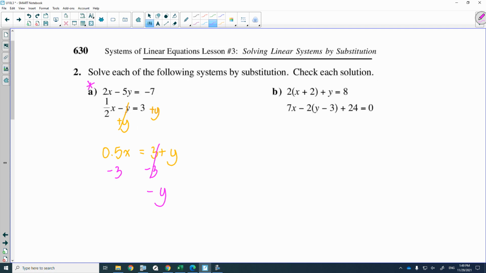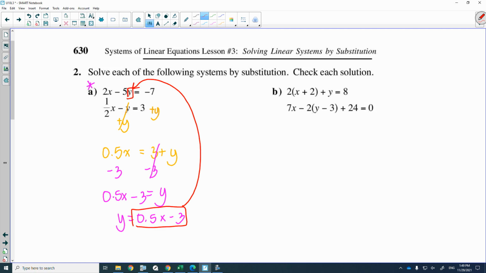And then you would have y is equal to 0.5x minus 3, right? That's what y is equal to. It goes into the other system. You solve in one system and you put it into the other. That would be substituted there.